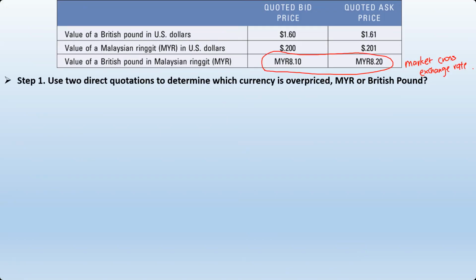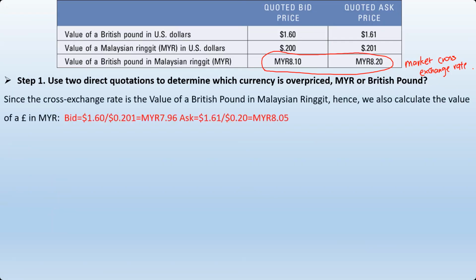We want to ask which currency, Malaysia ringgit or British pound, is overpriced in the cross exchange rate. So we're going to calculate the bid price. Just be careful here. It's not the bid of British pound divided by the bid of Malaysia ringgit, and ask divided by ask.